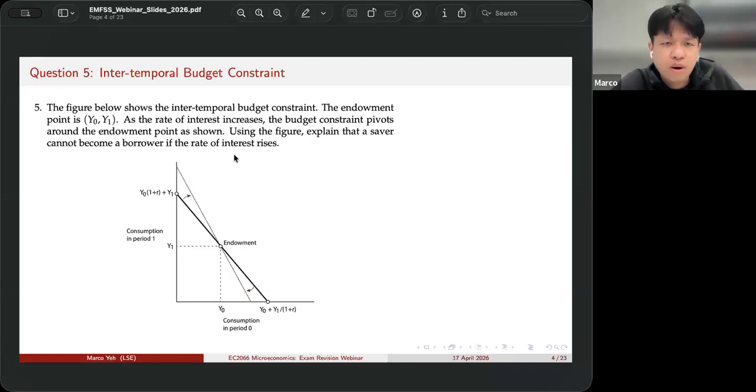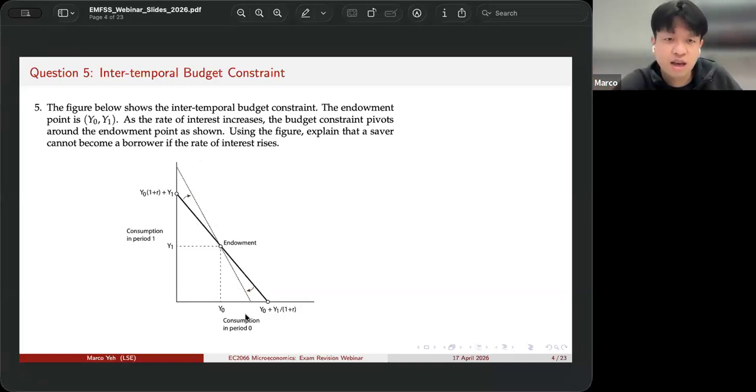Now, suppose I'm thinking about a higher interest rate. What happens to the budget constraint line? It is going to be steeper than before. Why is that the case? I want economic intuition.